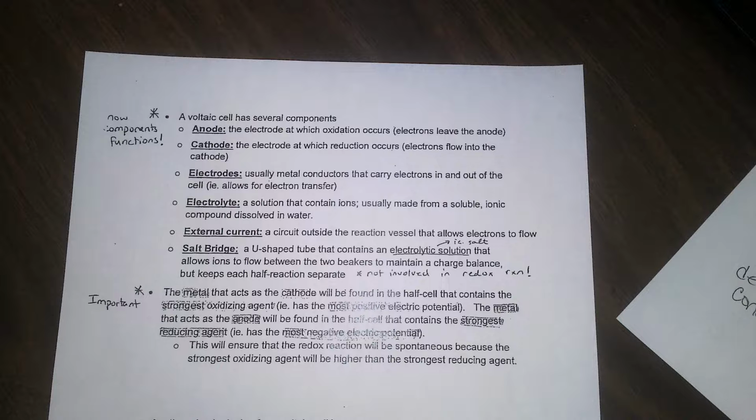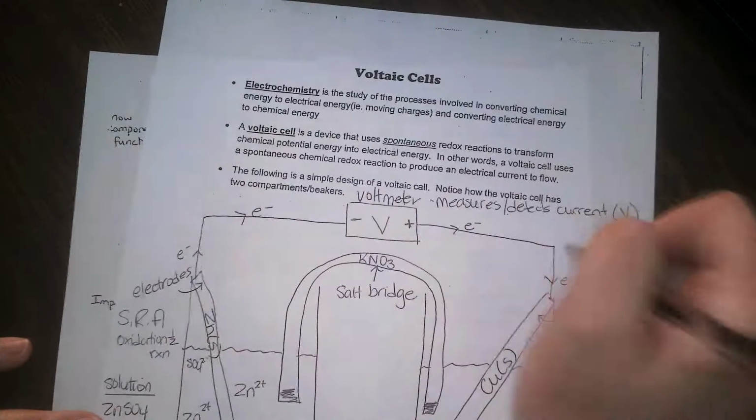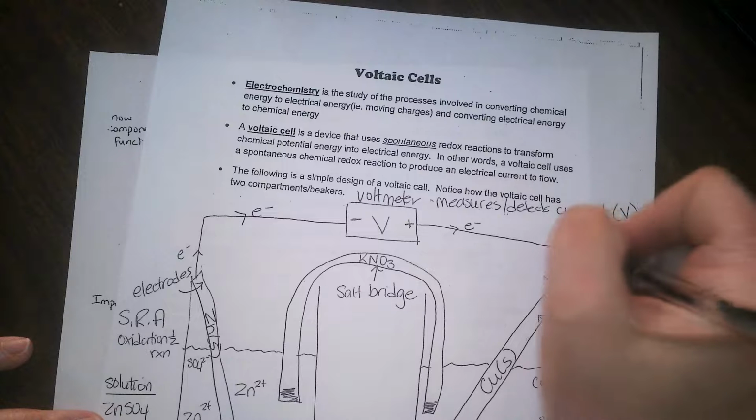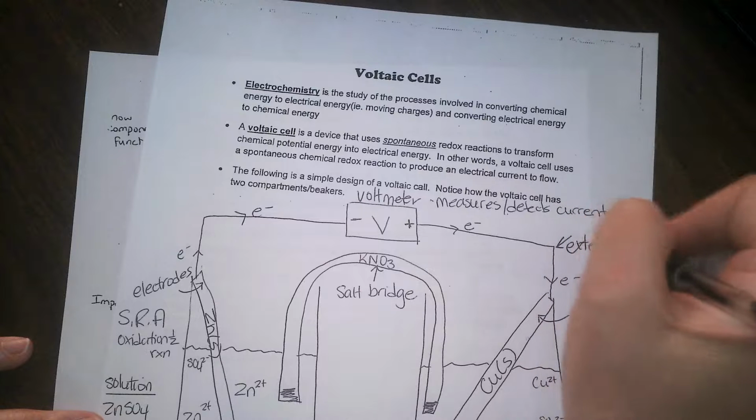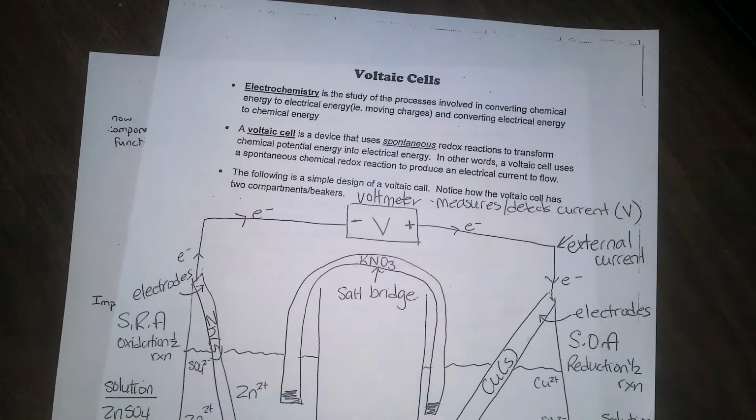An electrolyte is the solution that contains ions that are typically going to be spectator ions. There is an external current. This wire here is what we call our external current. Those are the alligator clips that I attach that are attached to wires which are attached to the voltmeter.